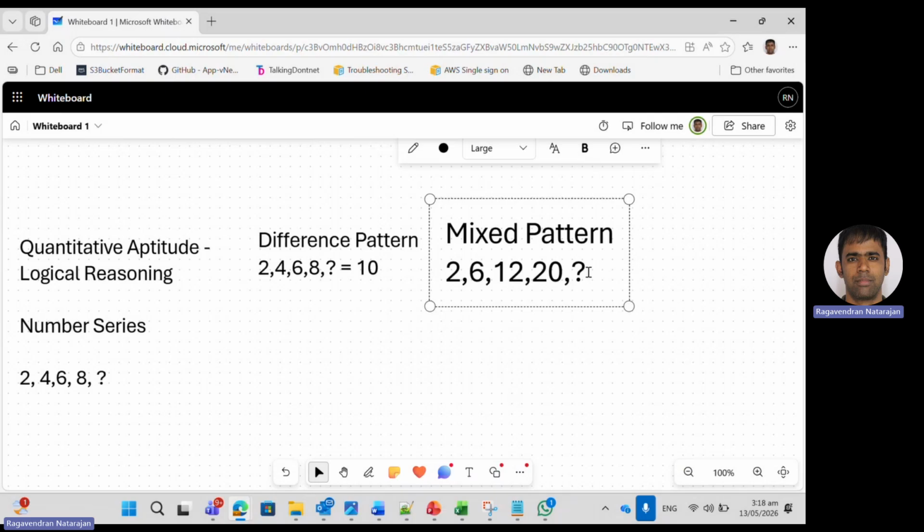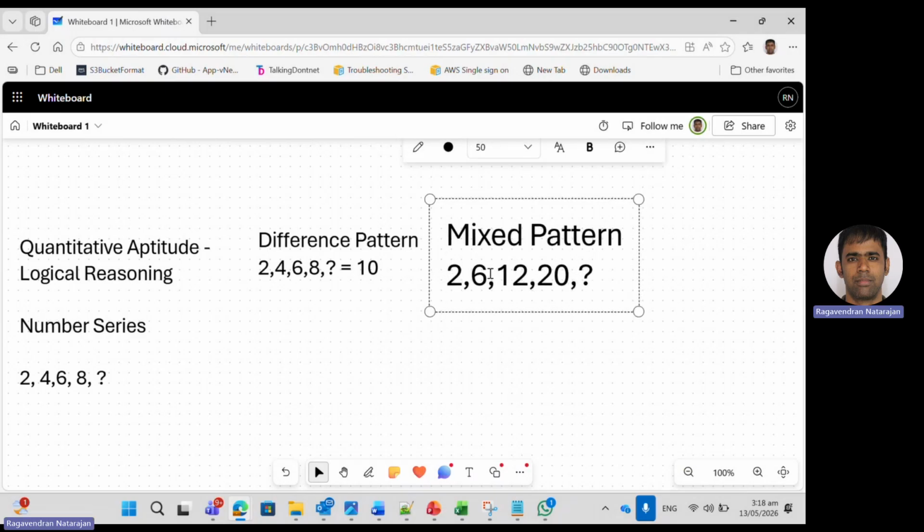Assume that the number starts from 0. 0 plus 2 equals 2, and then 2 plus 4, 6. 6 plus 6, 12.